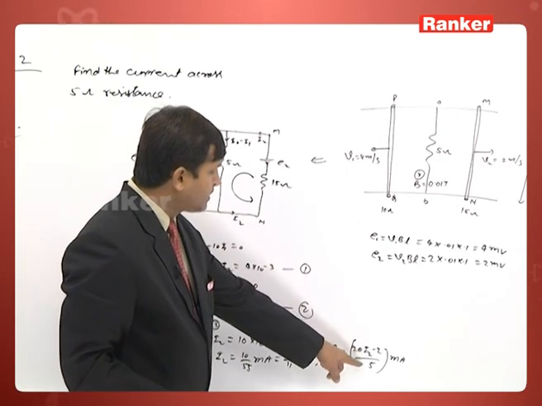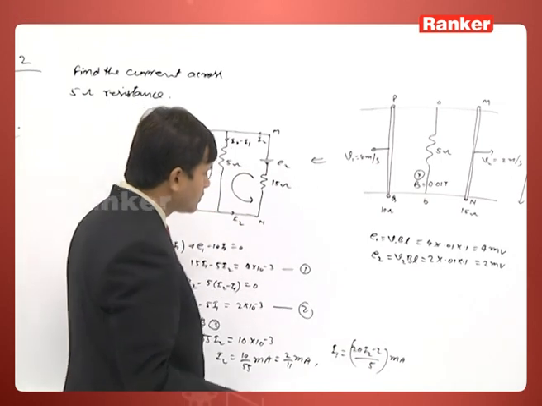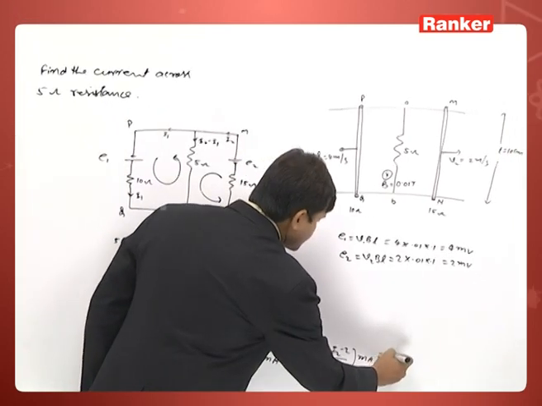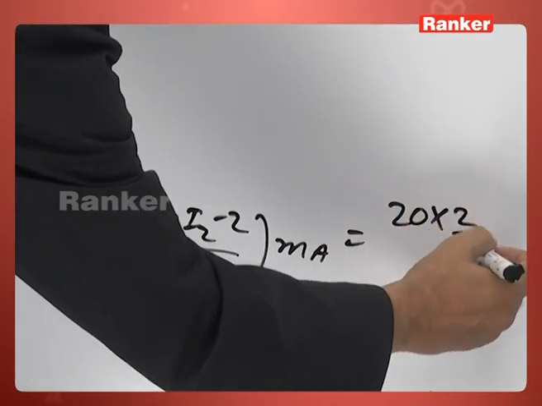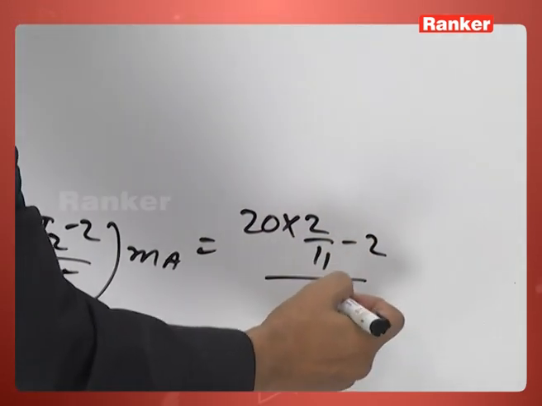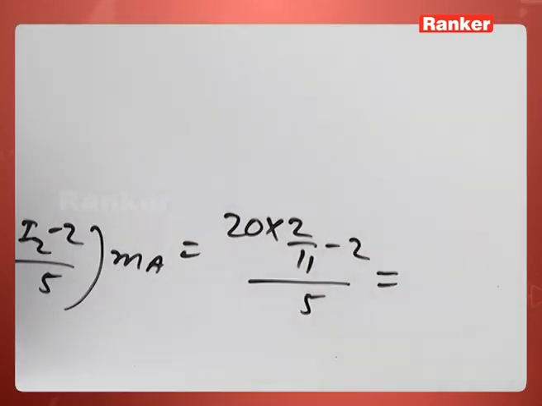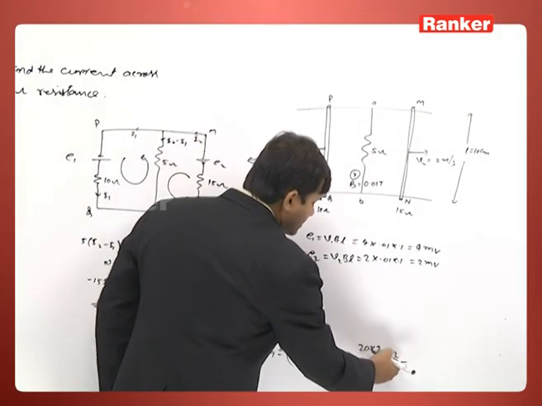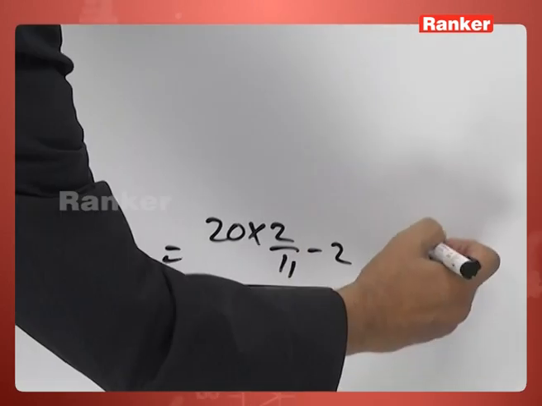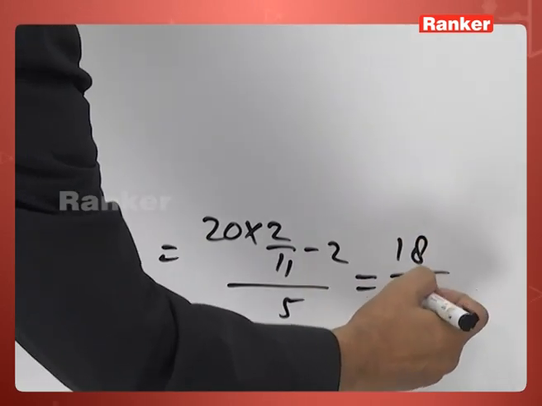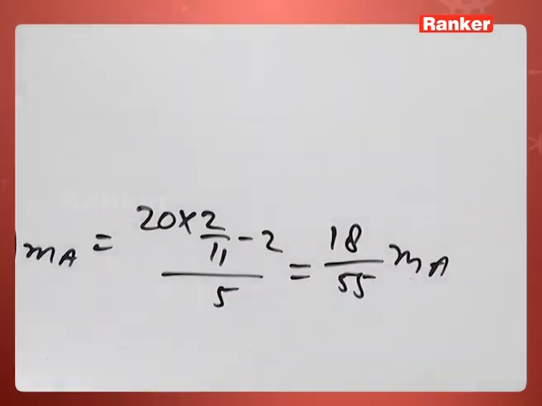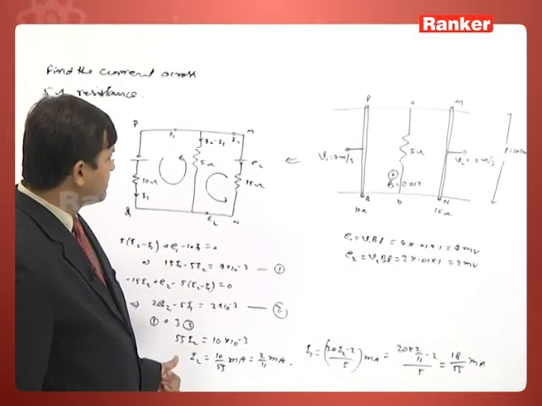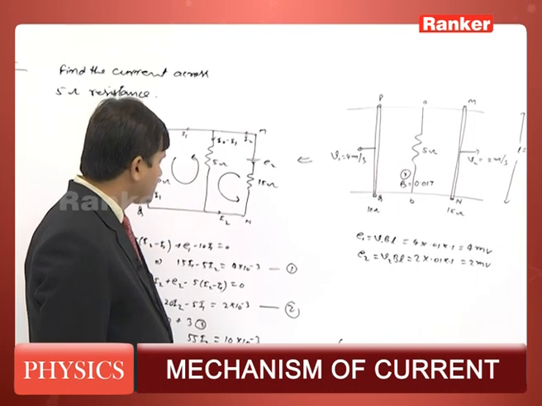So 40 by 11 divided by 2 is 20 by 11... I1 is 2 by 11 minus 2 by 5, so this will be 18 by 55 milliampere. 18 by 55 milliampere is I1, and I2 is this.